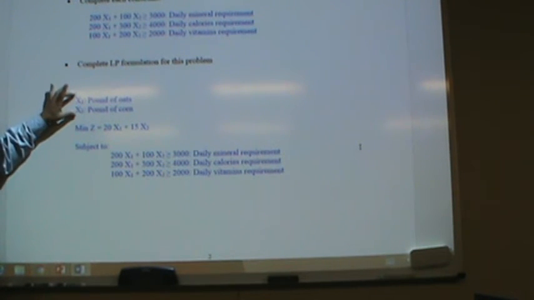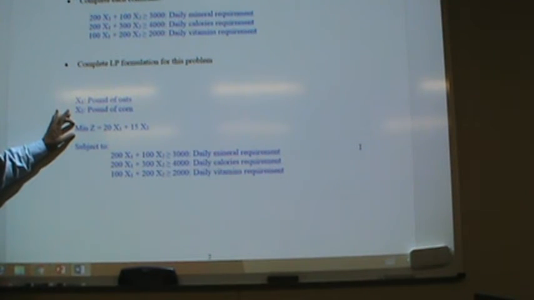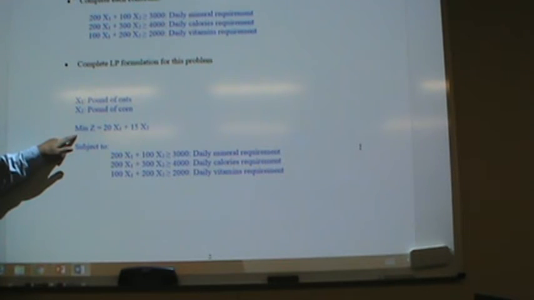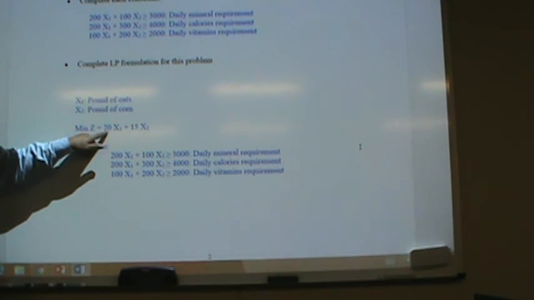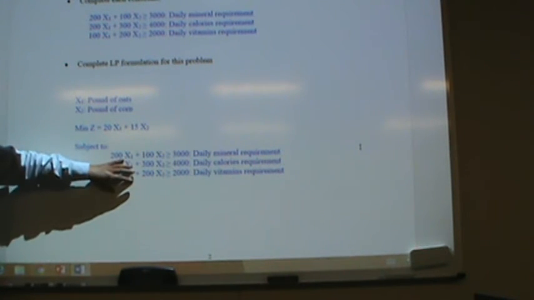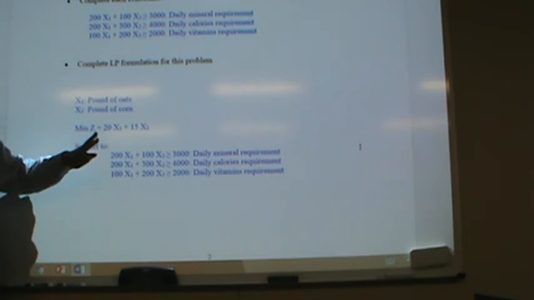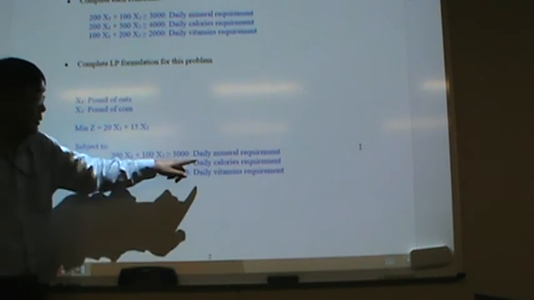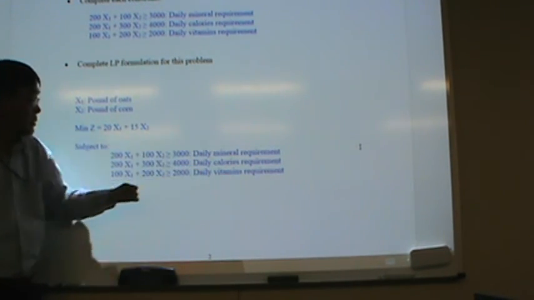The objective function: minimize Z equals 20x1 plus 15x2. And in the constraint part, there are three requirements: mineral, calorie, and vitamins.